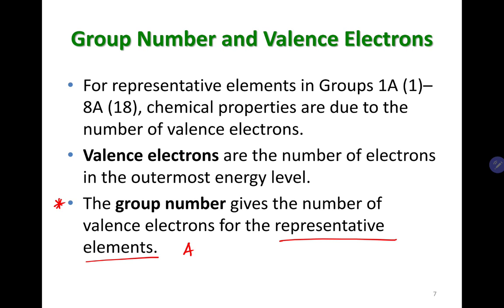The important thing about them is that we will talk about something called electrons, and we will talk about the relationship between electrons and the group number later on. But for now you can ignore this slide. We will come back and talk about this slide in much more detail later on.